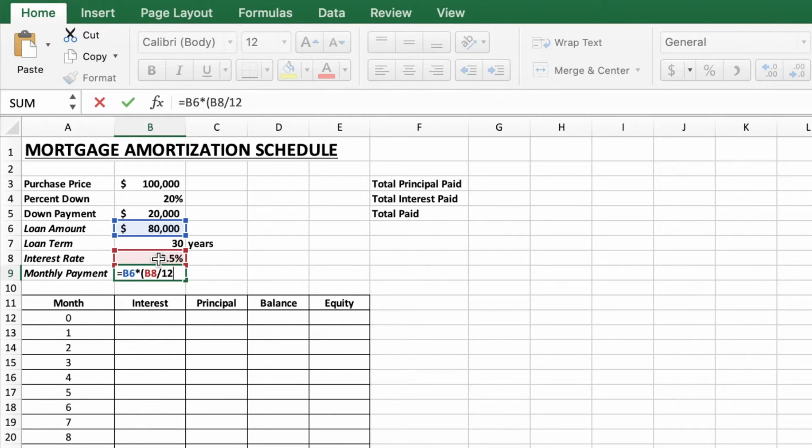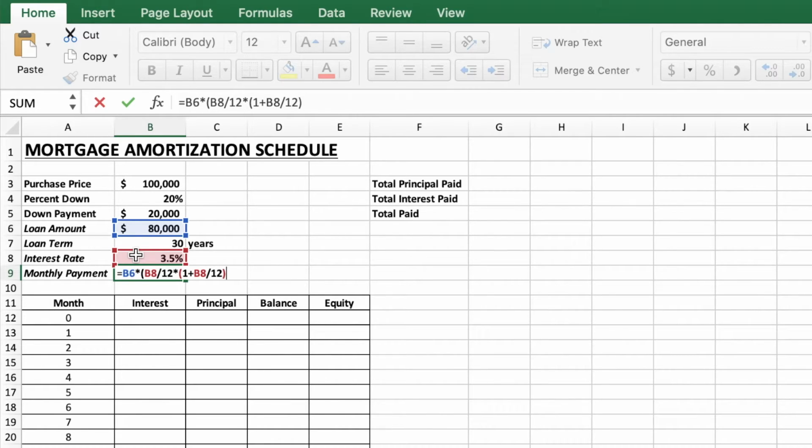That's because my interest rate is my annual rate, but I'm trying to find my monthly payment, and since there are 12 months in each year, you have to divide your yearly interest rate by 12. I'm then going to multiply, add another parentheses, and I'm going to say 1 plus, again, my interest rate divided by 12. Then I'm going to do the close parentheses, just one close parentheses.